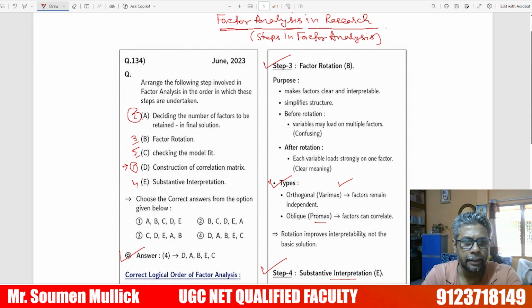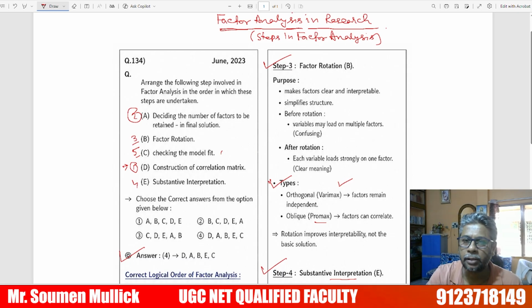The second, A, is deciding the number of factors. B means the third point, factor rotation. Next, E, substantive interpretation, and C, checking the model fit.